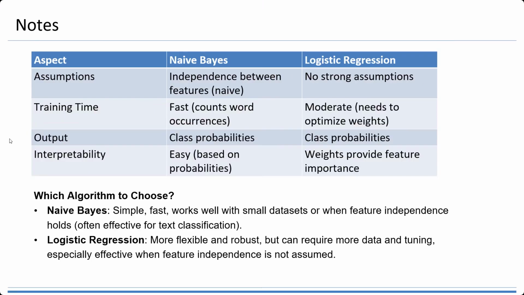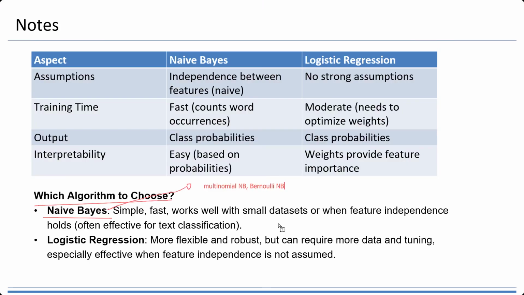So which algorithm do you want to choose? It depends. Now I'm just giving you two: naive Bayes, and there are options like multinomial naive Bayes and Bernoulli.